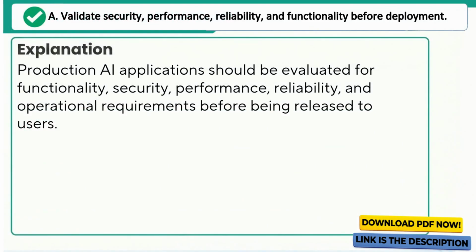Correct answer. A. Validate security, performance, reliability, and functionality before deployment. Explanation. Production AI applications should be evaluated for functionality, security, performance, reliability, and operational requirements before being released to users.